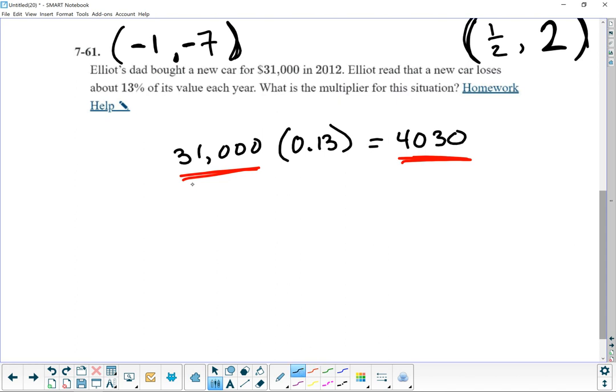So if we start off with 31,000, brand new, year zero, then in year one it's going to lose $4,030.